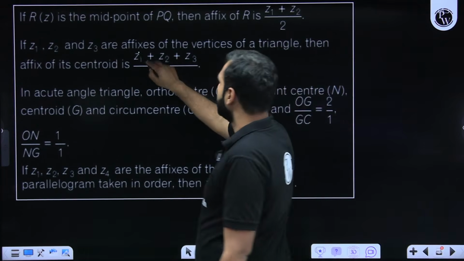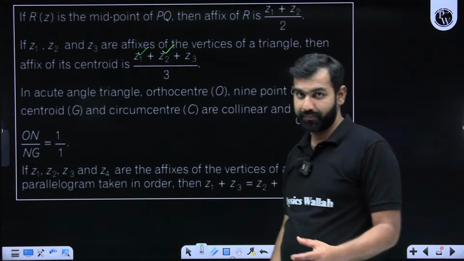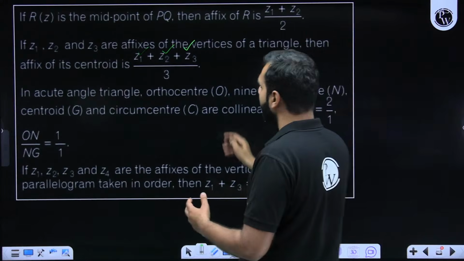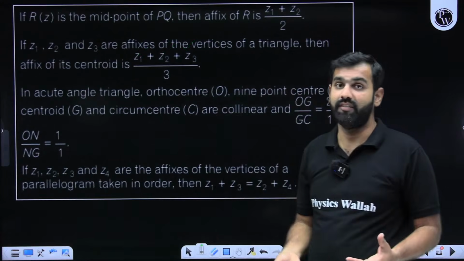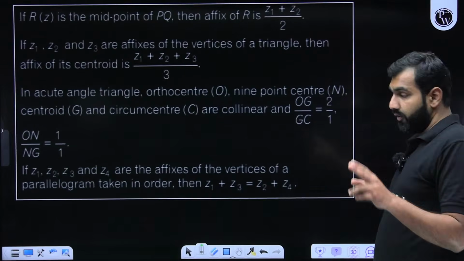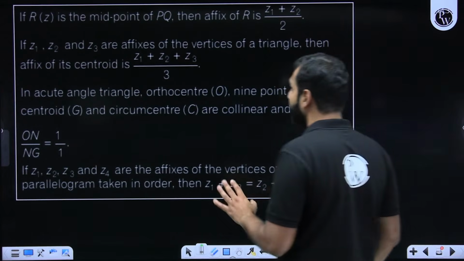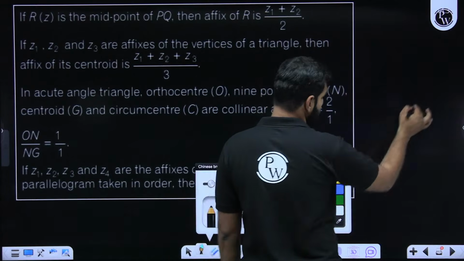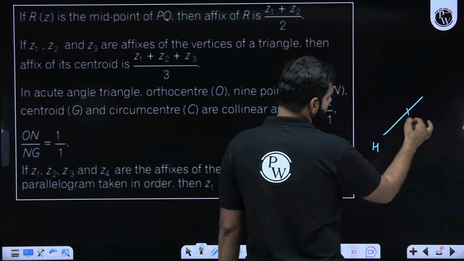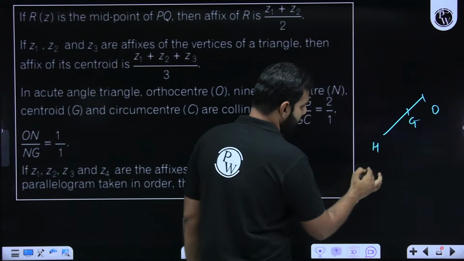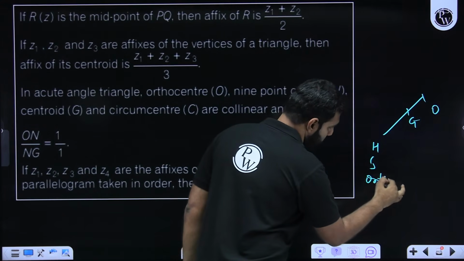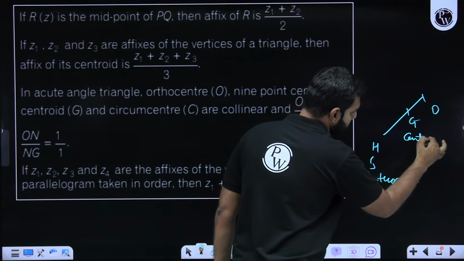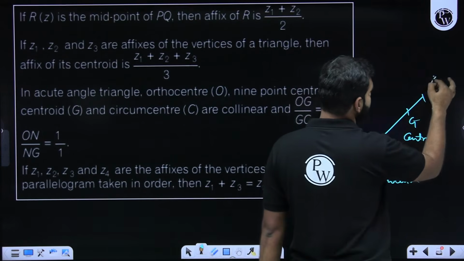Look at that part. If there are 3 complex numbers which are representing the affixes or the vertices of a triangle, then you can find its centroid by using this formula. We all are very well aware of it. I'll simply make you revise one very standard property. I'll just draw it here separately so that you don't get confused. Let's say this is H, this is G, and this is O. H is representing the orthocenter, G is representing the centroid, and O is representing the circumcenter.